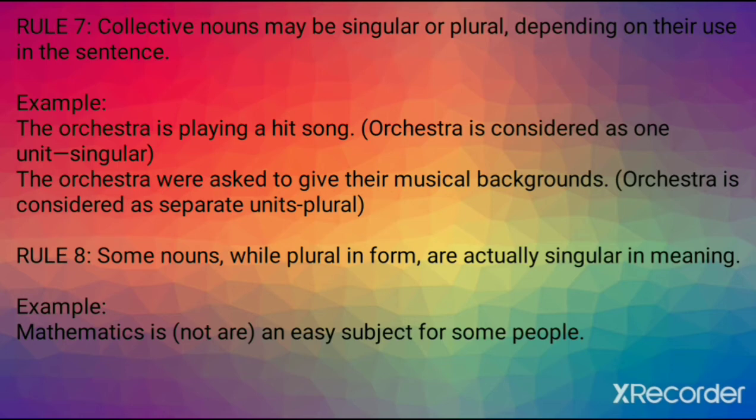Got it? So, whenever you find such nouns, even though the word sounds like plural, the verb will remain in its singular form. You have to use a singular form verb.